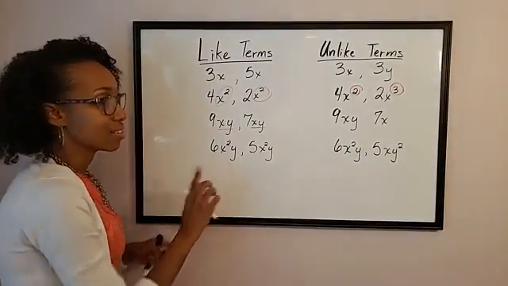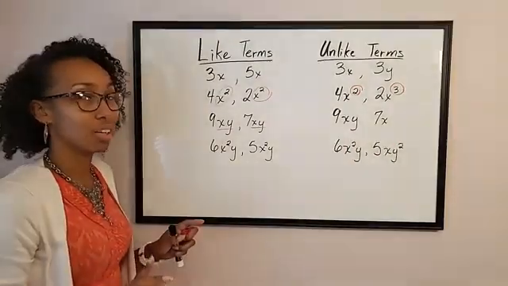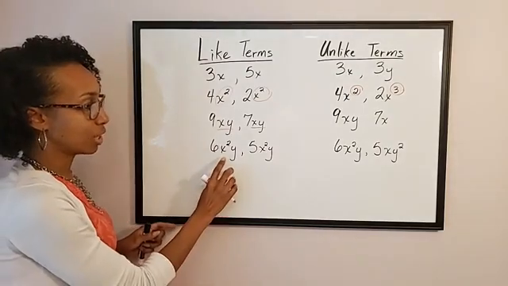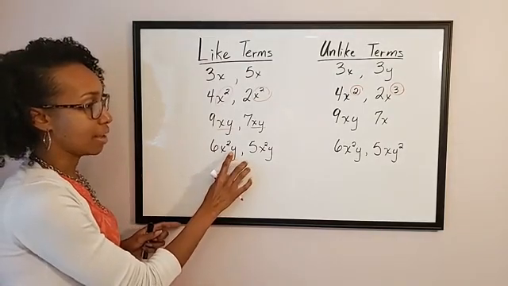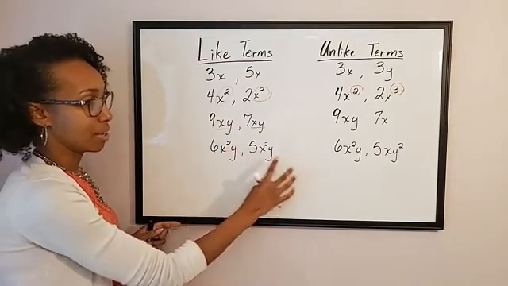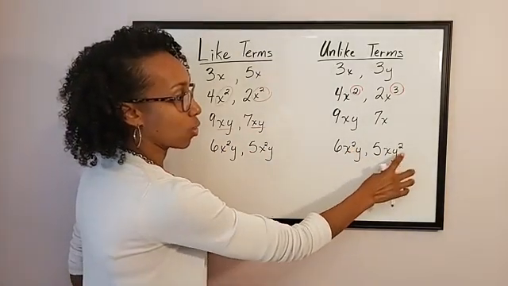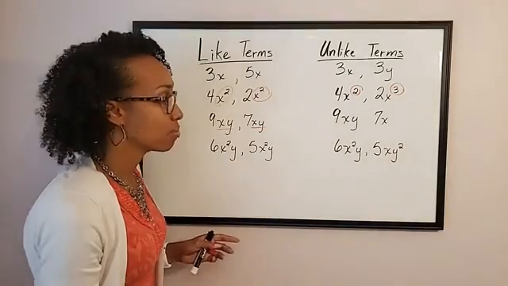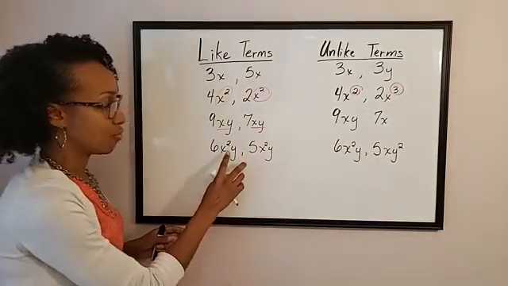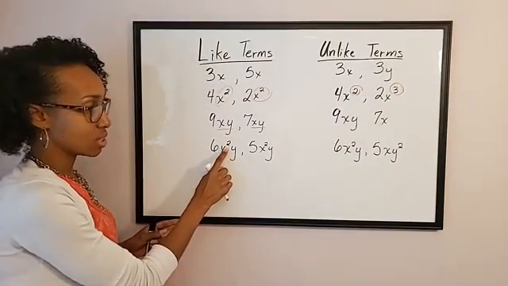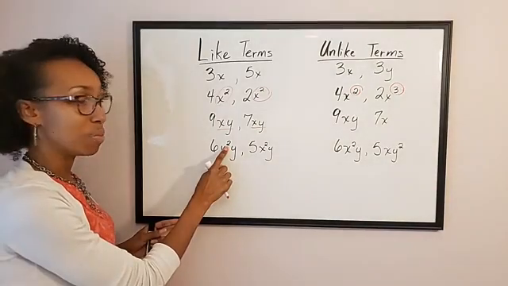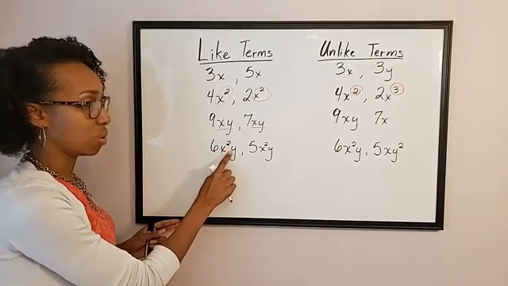And then lastly, this is where it's a little more tricky. You've got to look carefully on this one. They both have an x and a y, and they are squared, right? This also appears to have x, y, and a square, or a 2 as an exponent. But notice on the first one, the x is the one that's being squared, meaning I have 2 x's and 1 y.